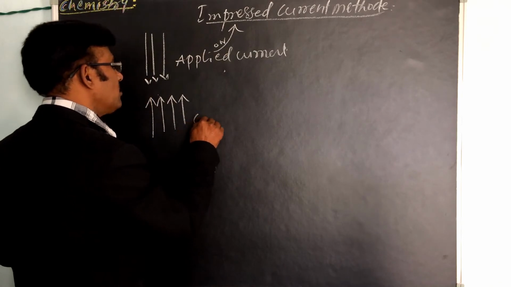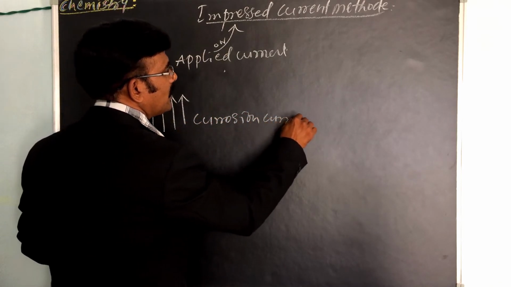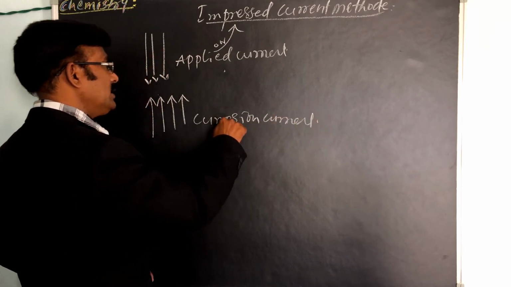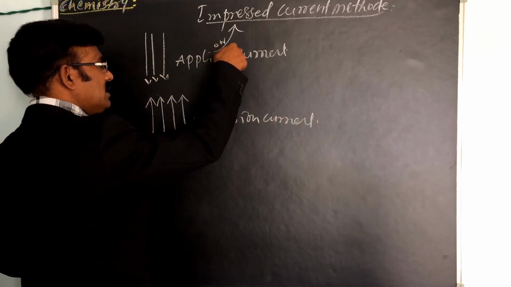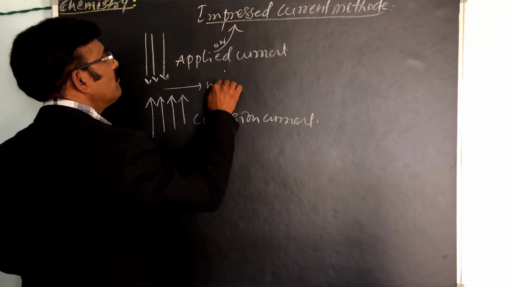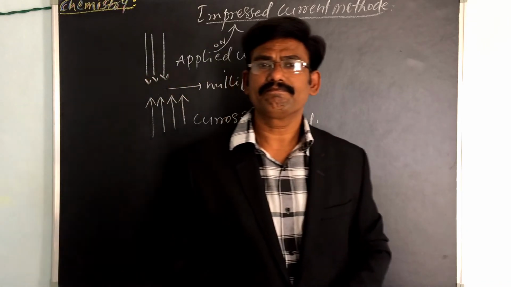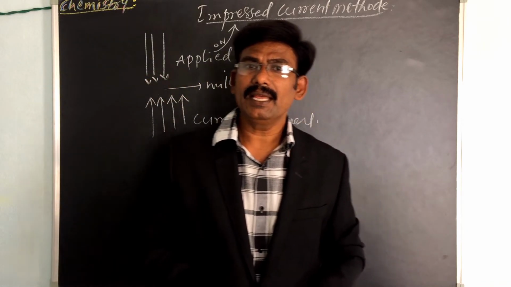This is the corrosion current, and this is the impressed current. When applied, the corrosion current becomes nullified, and the corroding metal is converted from anode to cathode.